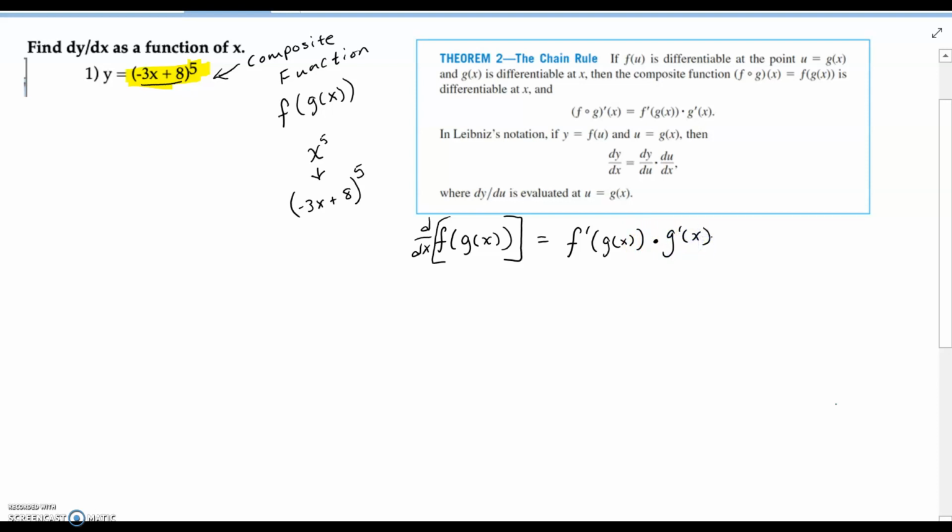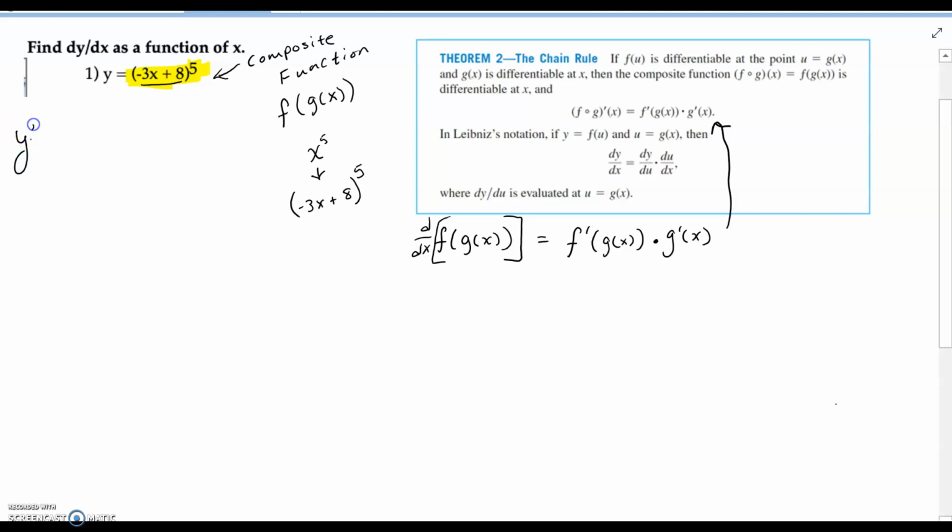And it's as simple as that. That is what this fancy notation is telling you. It's actually the same thing, nothing fancy about it. We can now apply it to problem number 1, and you're going to see how easy it actually is. It looks hard, but it's actually not.